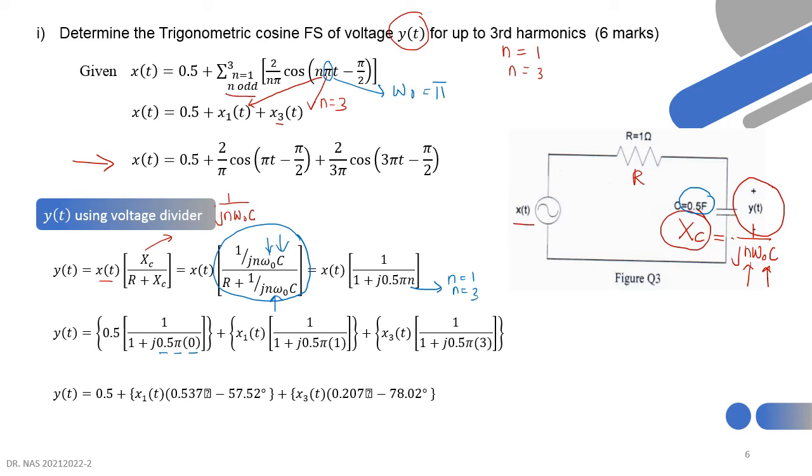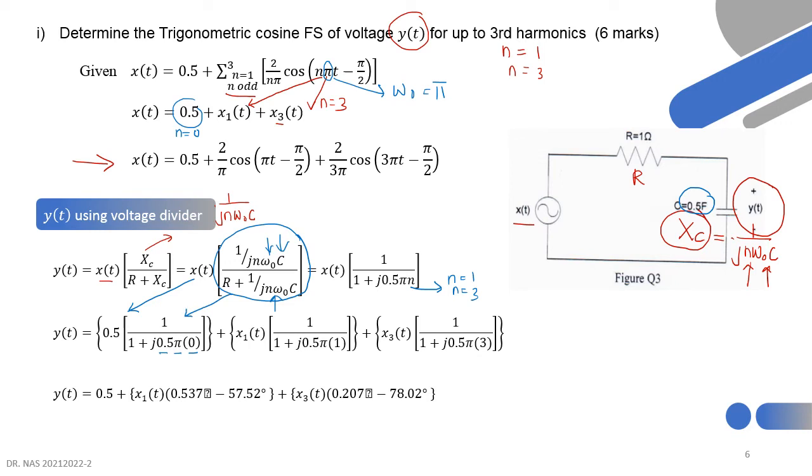So here is x naught when n equals 0: 0.5 multiplied with this equation when n equals 0.